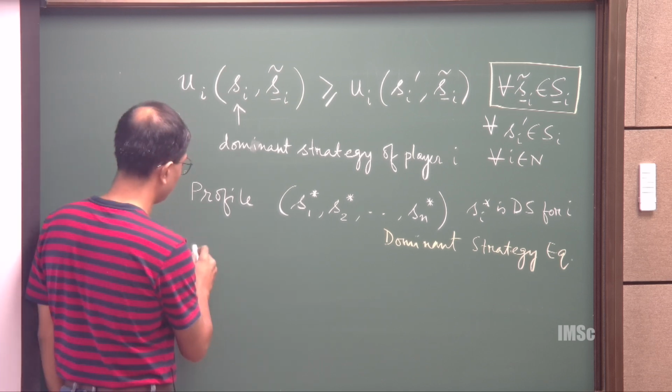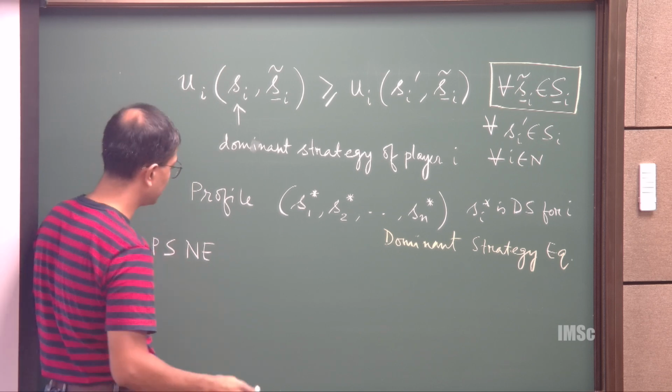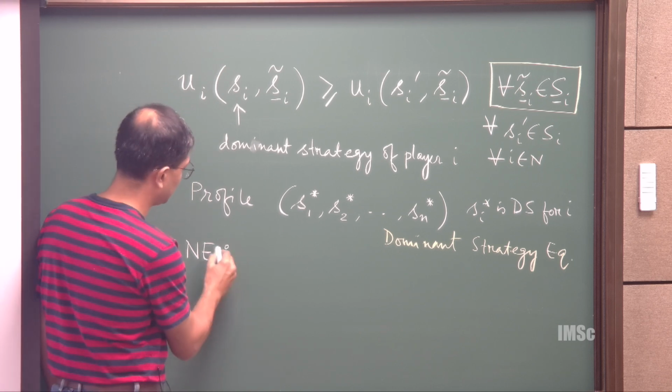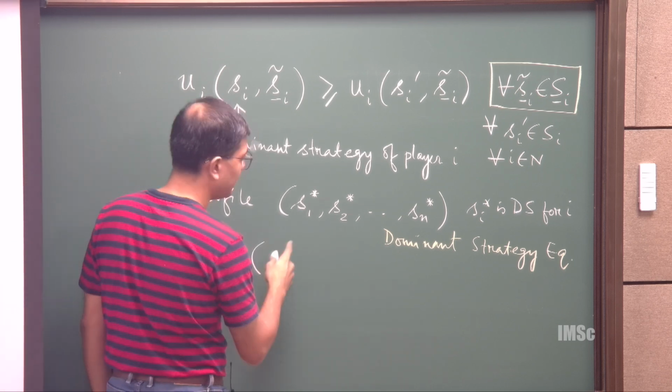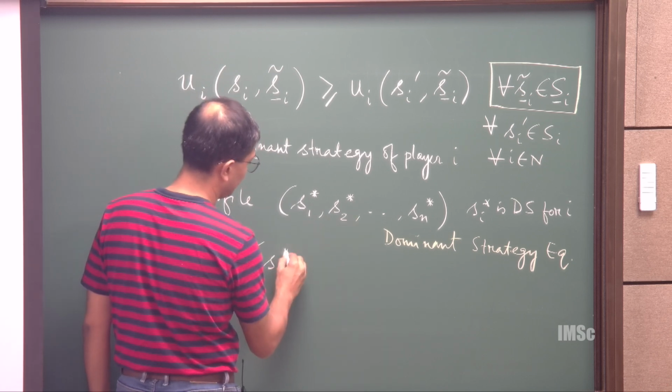In Nash equilibrium, I mean for pure strategy Nash equilibrium, which we discussed in the first part yesterday, it is defined in terms of some profile. Let's say I have this Si star, S minus I star.